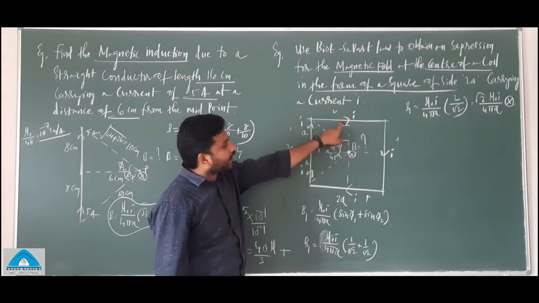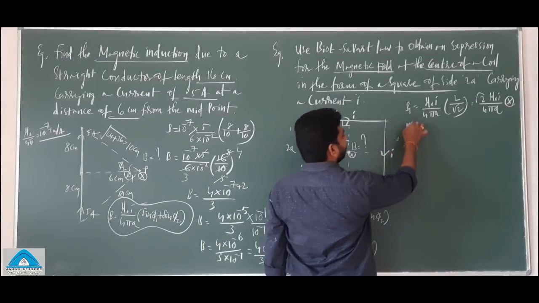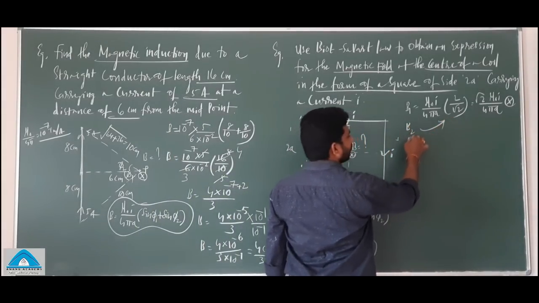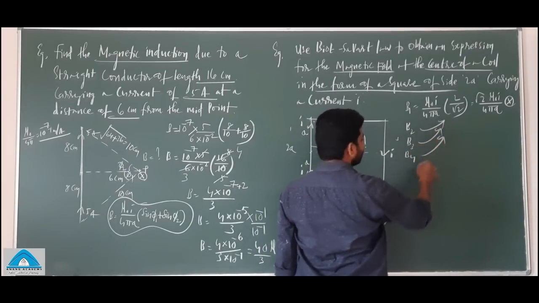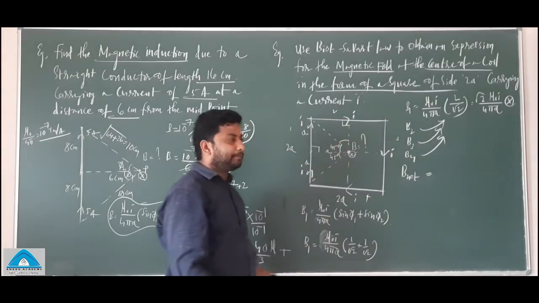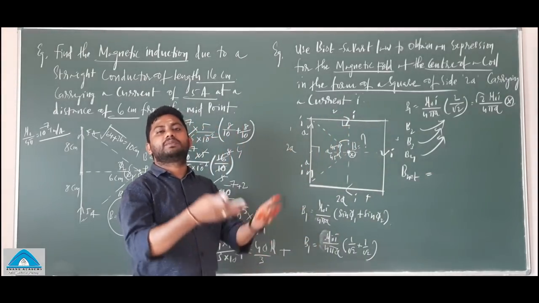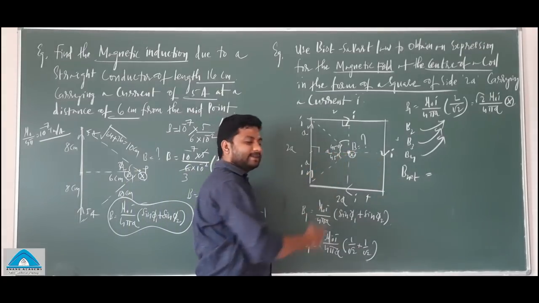And because of this wire also the magnetic field at this point is the same. B2 will be the same, B3 also the same, B4 also will be the same. So the net magnetic field at the center will be how much? B1 plus B2 plus B3 plus B4, because all the directions are the same at this point. Right?